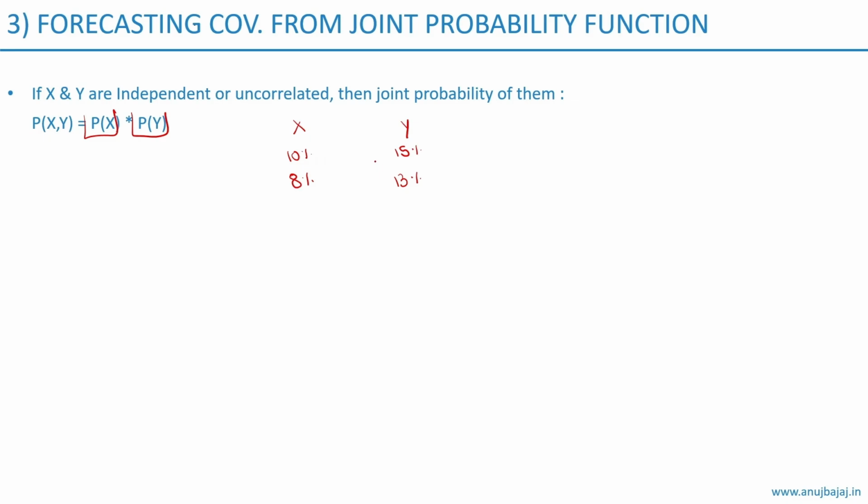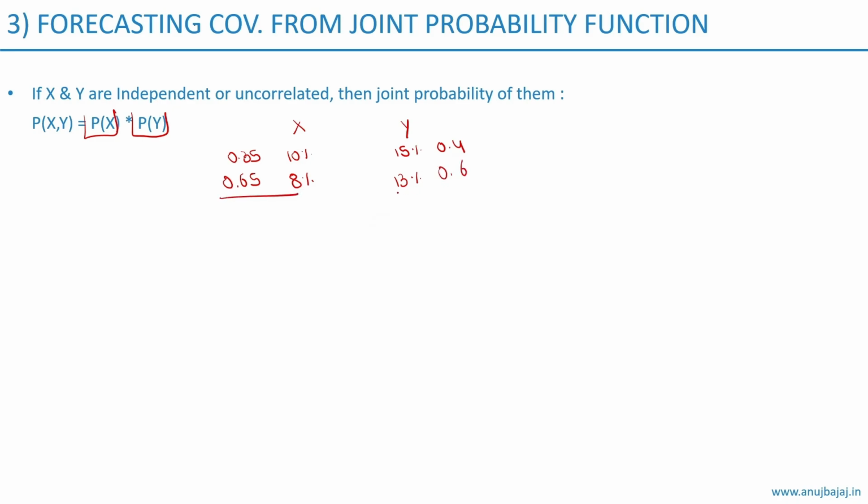And the probability of X generating 10% return is 35%, and the probability of X generating 8% is 65%, and the probability of Y generating 15% return is 40%, and the probability of Y generating 13% in the next year is 60%.